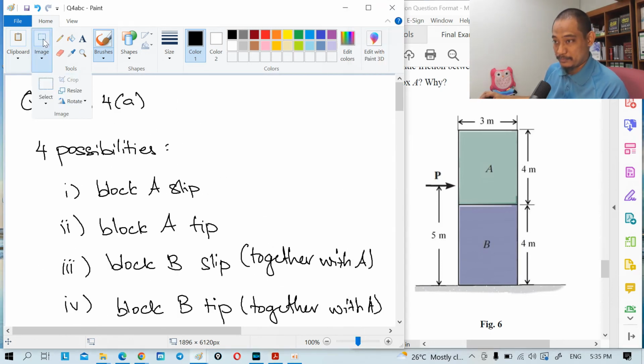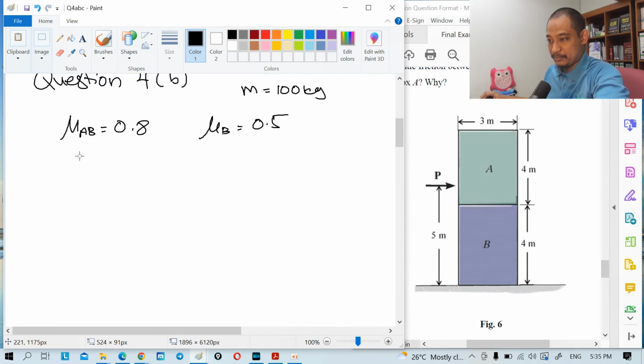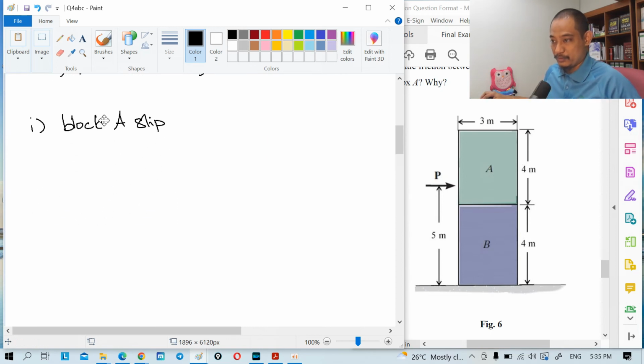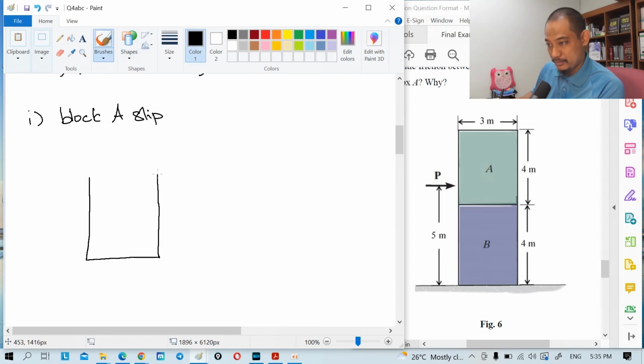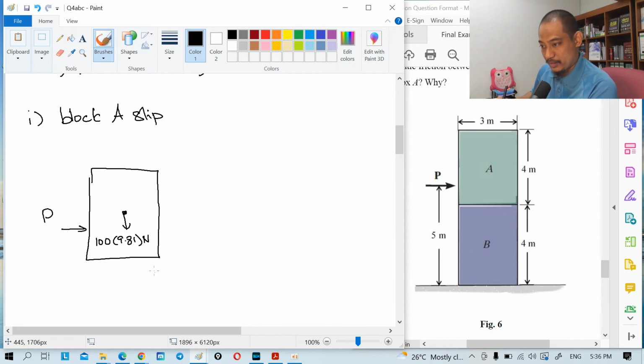So the first one, I'm just going to copy this one. When block A slips, what will happen in terms of the free body diagram? The free body diagram will be for block A. We have 100 times 9.81 Newton, the force P, and the normal reaction somewhere in the middle, because when we say it slips first, it will not reach the end yet.